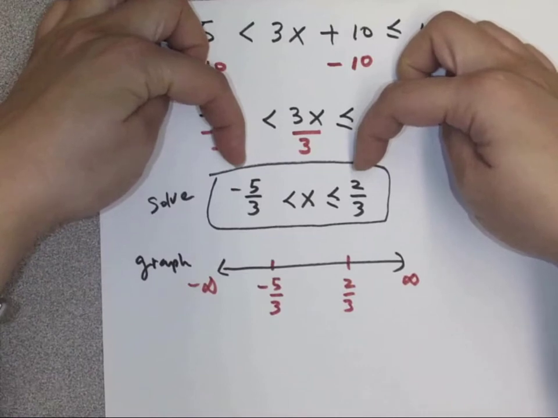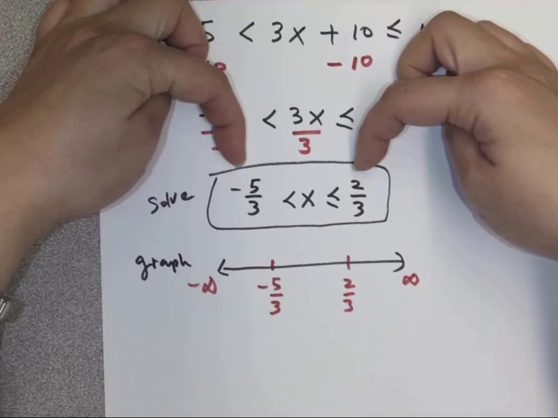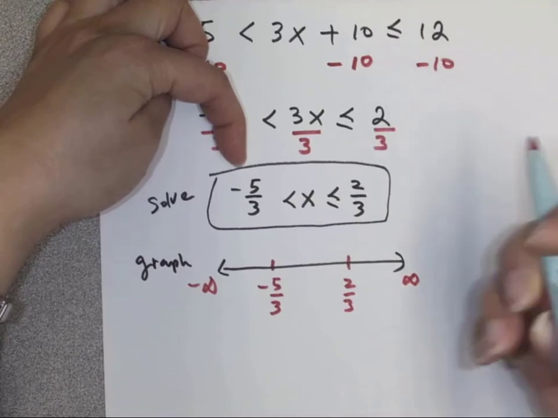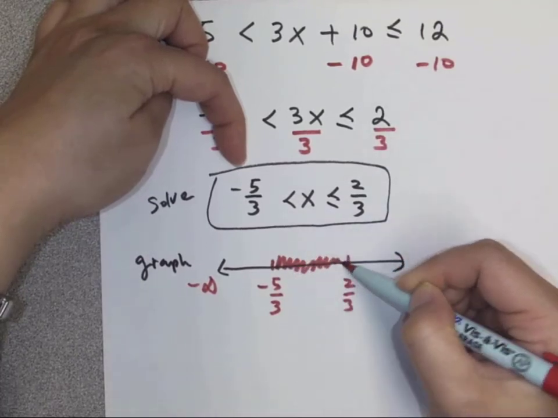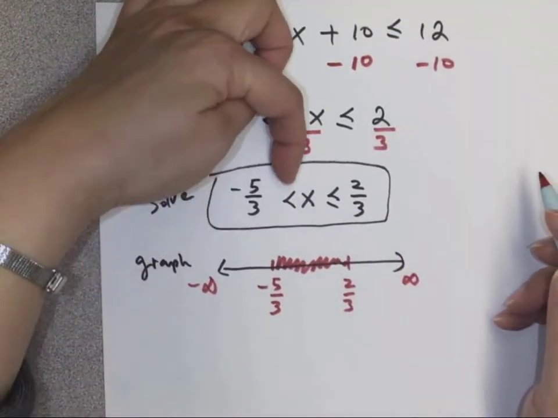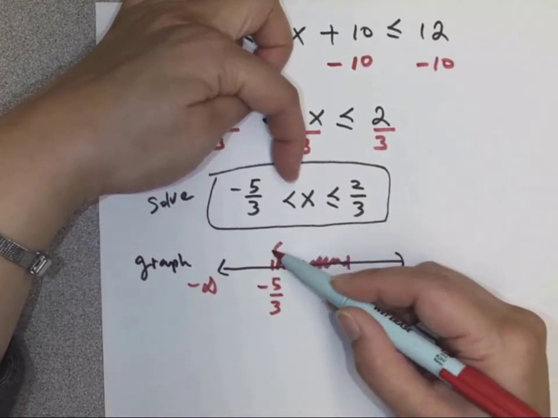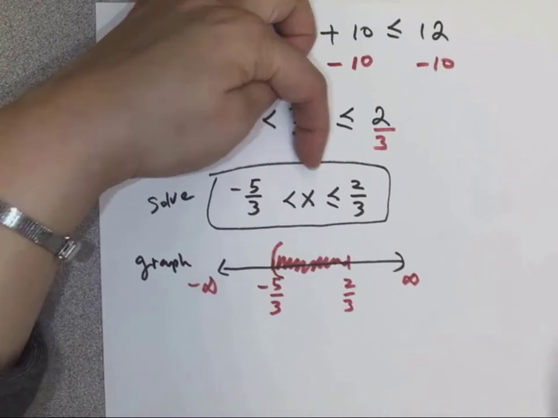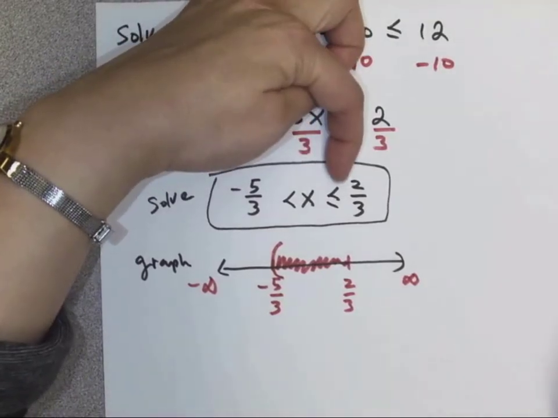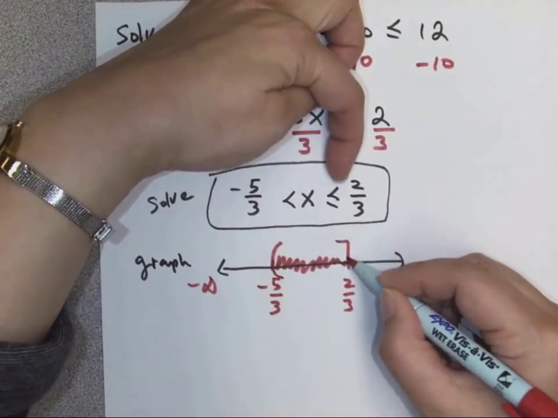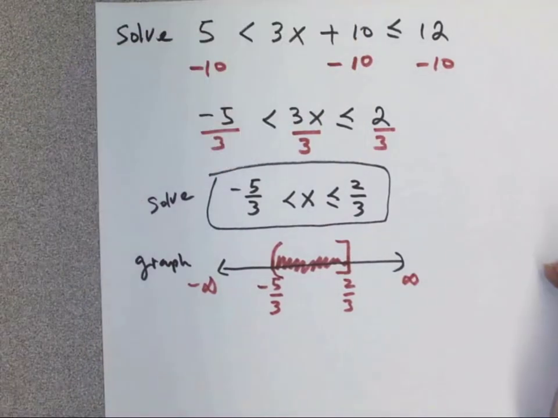So if it's between these two numbers, where do I shade? Shade between them, right? So because x is between them, we shade between them. So this side, do we use parentheses or brackets? Parentheses without equal. The last part with equal, we will use brackets. Are we okay? So that's how you graph it.